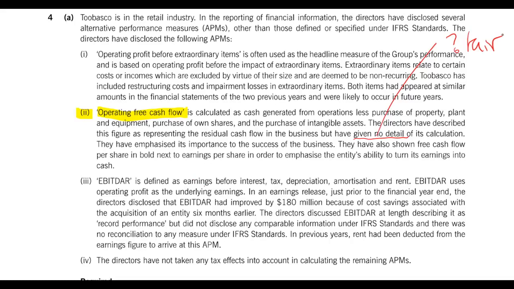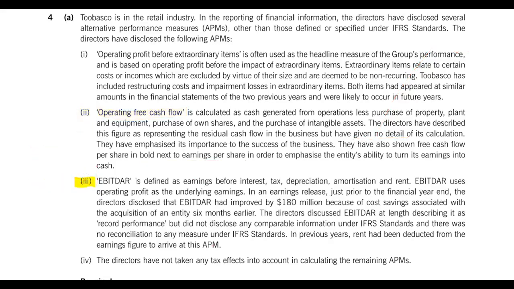No. You need to explain to a user how it's calculated, especially as they've said it's important to the business. They've shown it in bold next to EPS. Why? They're not related. That's confusing. And if you want a third point, if you are trying to calculate some kind of free cash flow, what about interest? Surely, if you've got debt, there's a mandatory requirement to pay interest. It's confusing, it's not fair.